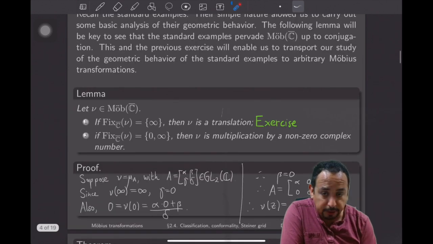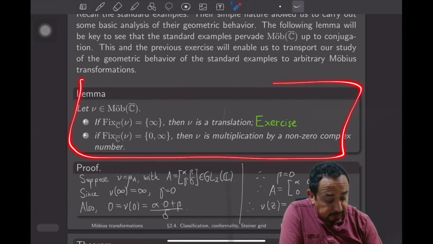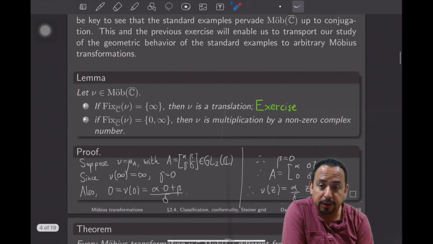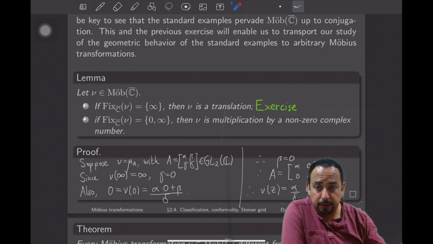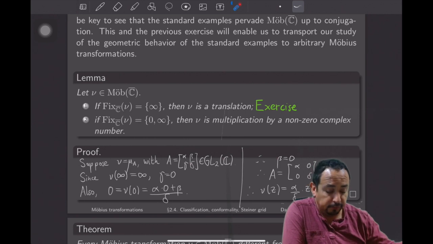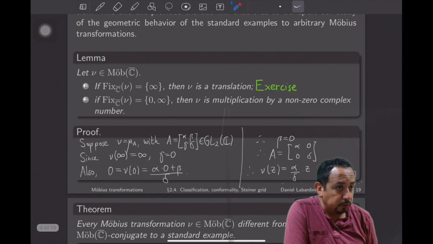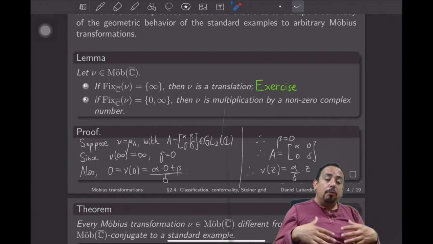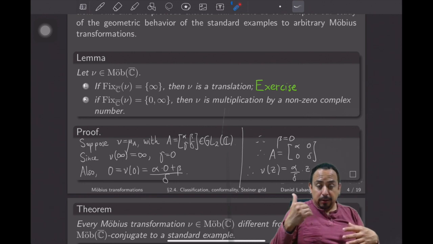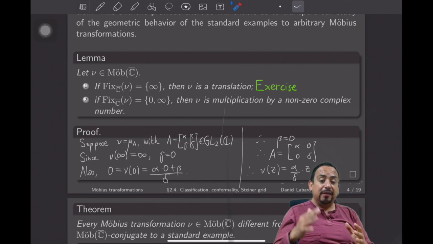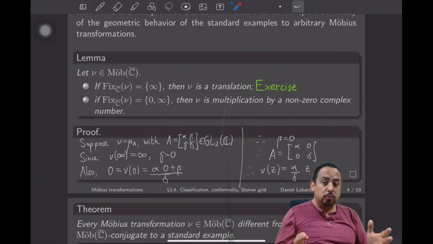So how do we use this lemma? Well, just like we did in the previous result, the one that relates the commutativity of two Möbius transformations with the relation between their sets of fixed points. By now we know that an arbitrary Möbius transformation different from the identity has either exactly one fixed point or exactly two.